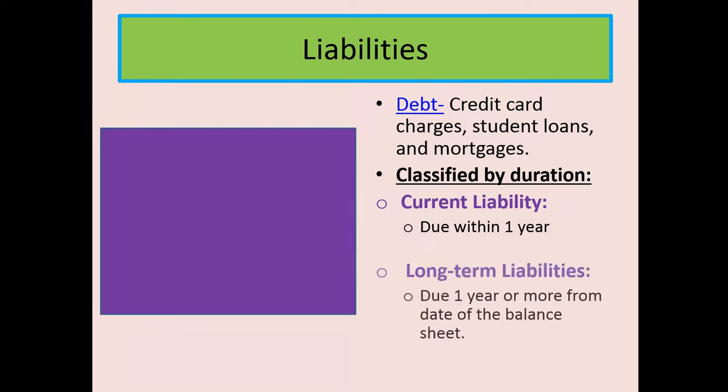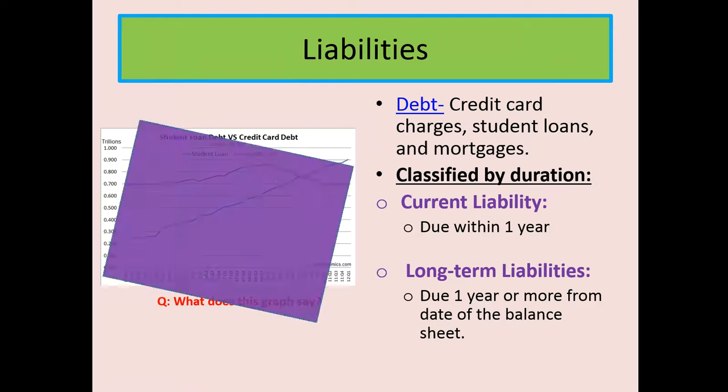Then we also have our long-term liabilities, which are balances that are due 1 year or more from the date. This is your mortgage. You're not going to pay off your entire mortgage in 1 year. If you look at the Saunders, there's about $160,000. So this is one where you're going to make level payments over time.